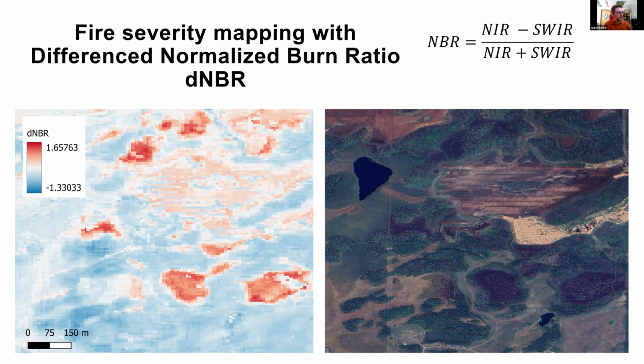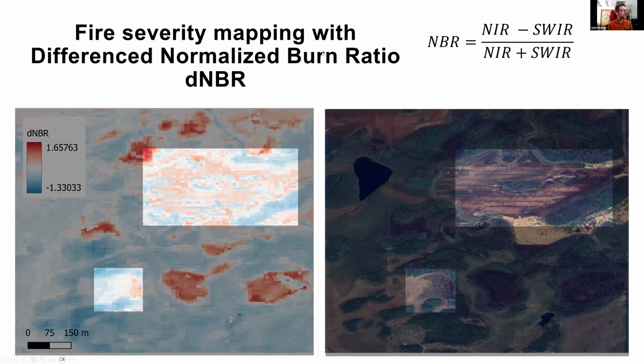This is a map of DNBR, which is calculated from the infrared band and the shortwave infrared band. In this case, I used Sentinel-2. This specific image is from a peatland wildfire near the town of Tomahawk in Alberta. And I chose it to show how difficult it can be to detect low severity wildfire and determine where it actually burned. So these are two little areas I want to look at.